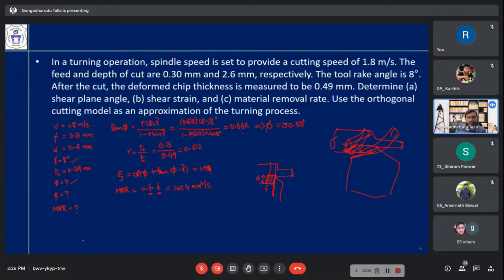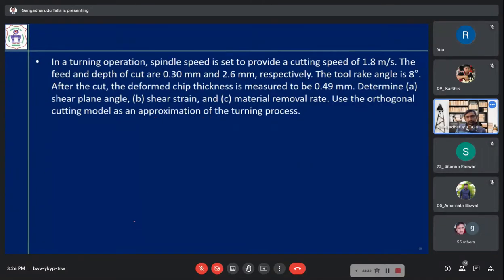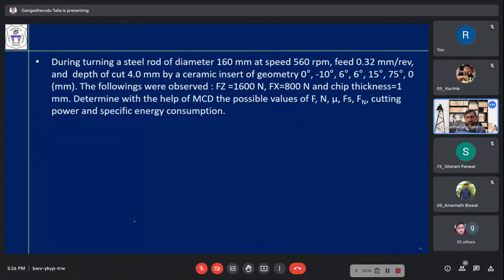So that's it for this problem. Now have a look at this. During turning a steel rod of diameter 160 mm.